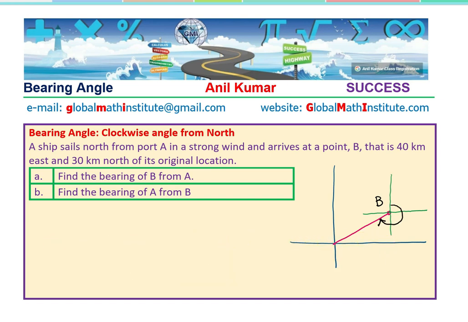So now we are trying to find the solution for the bearing of A from B. Try to understand the difference. So going clockwise from north, do you see that? North, clockwise. That is how we have to go.